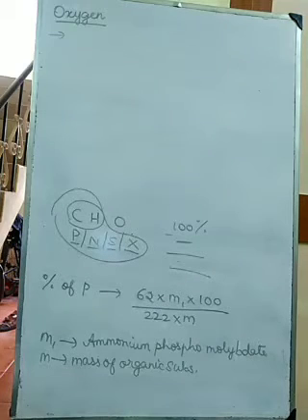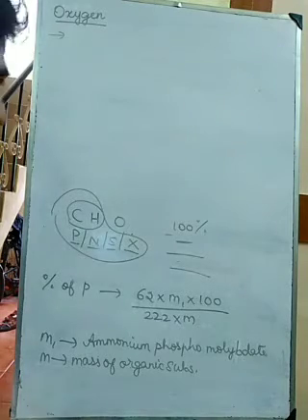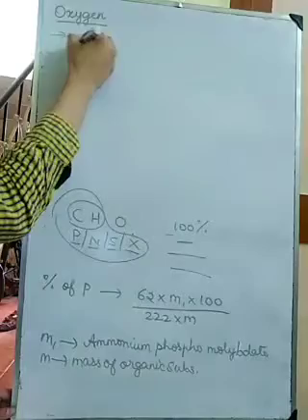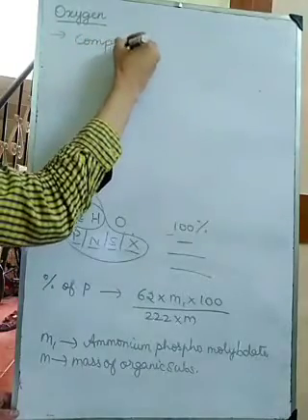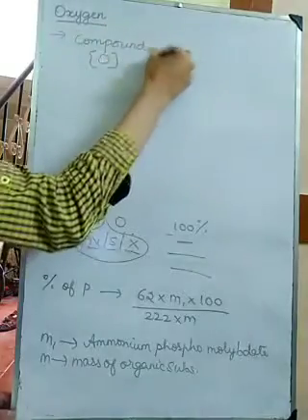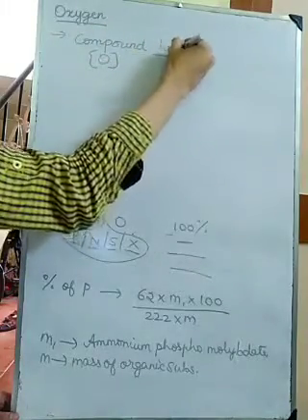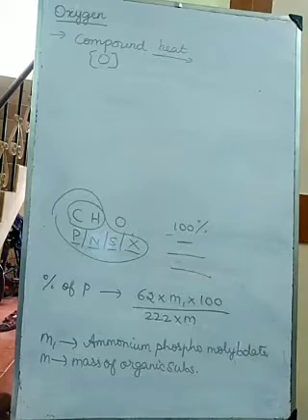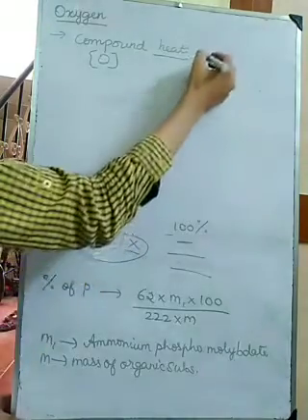Suppose you don't want to do subtraction and want to do only an experiment, for that also one experiment is there. What we have to do is take the compound containing oxygen and heat the compound. When you heat the compound, what will happen?